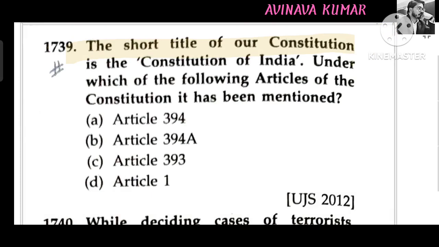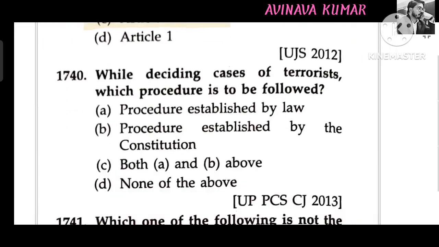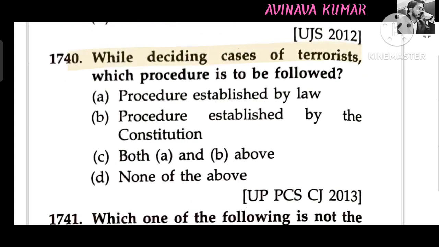The short title of our Constitution is the Constitution of India. Under which article of the Constitution is it mentioned? Article 393. While deciding the case of personal liberty, which procedure has to be followed?